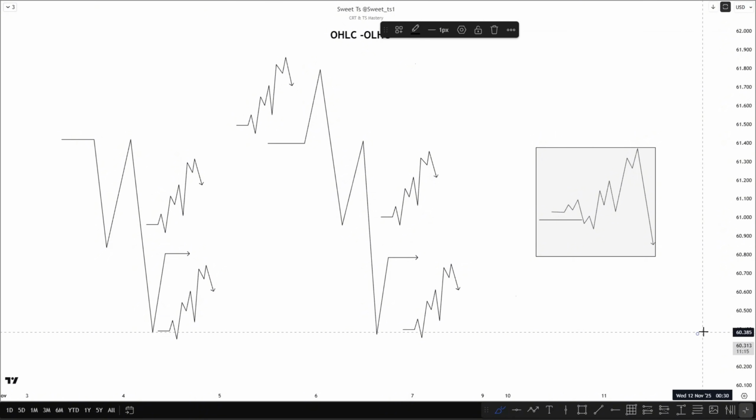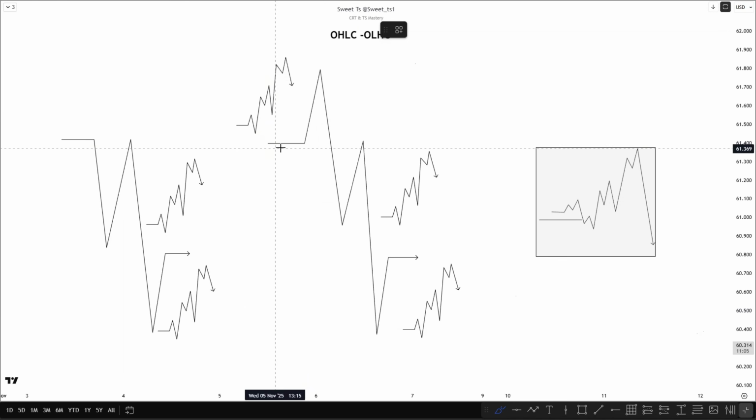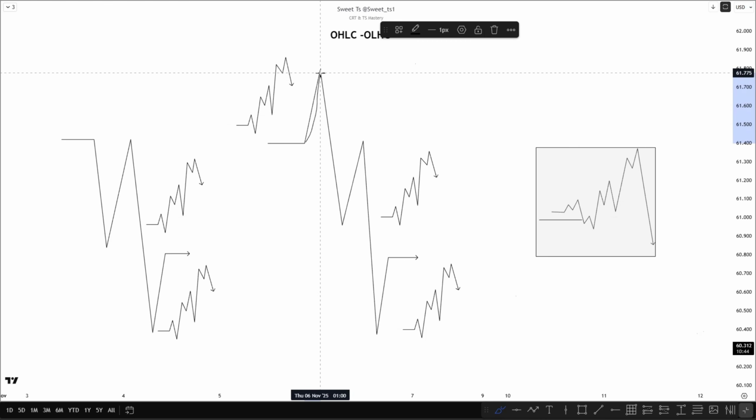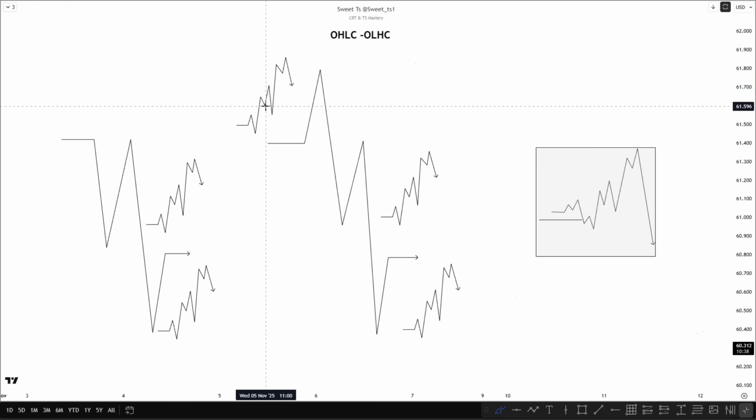All right, so we talk now about the open high low close and the open low high close. So just pay attention, it's going to be very advanced. So we have the classic open high low close, and you can reverse it and vice versa. Now if we open high, within this open high there is a trend, which is this higher time frame retracement, right, but it's a lower time frame trend.